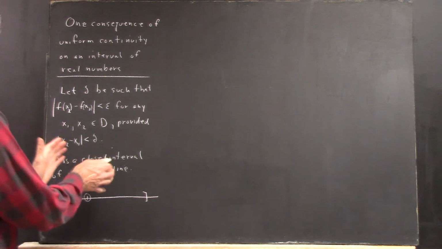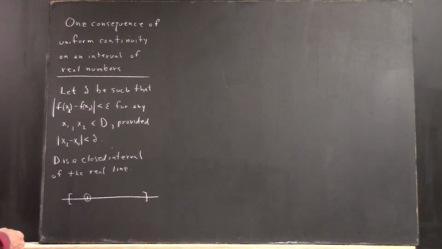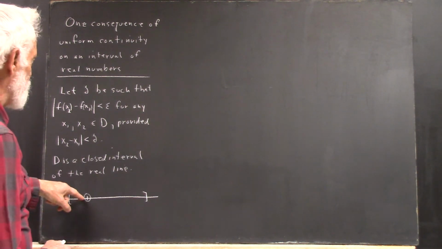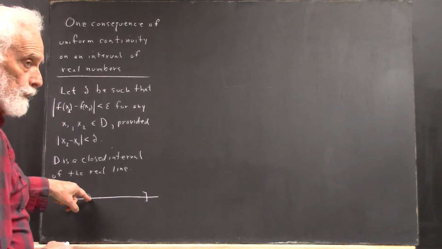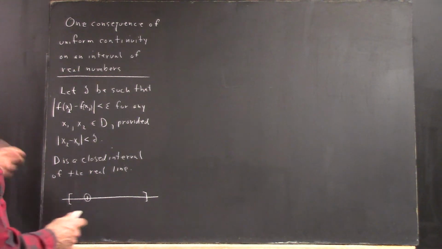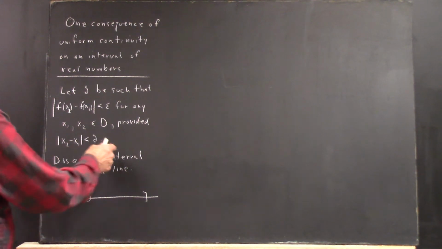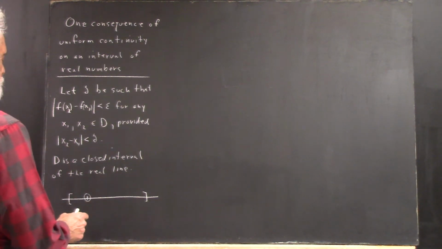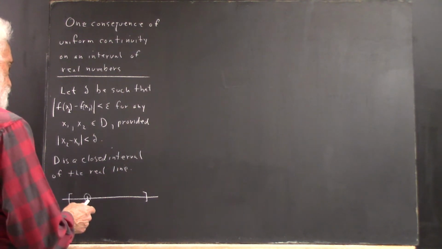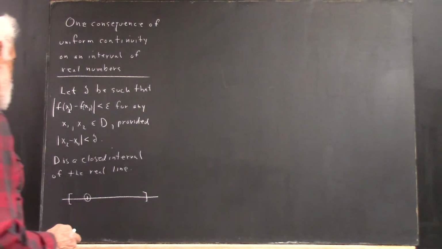I could indicate it just by an open set. But it's the interval on the line where the magnitude of x2 minus x1, and I haven't thought through notation.